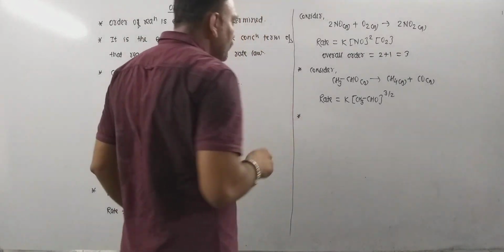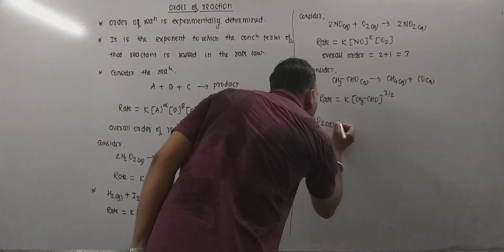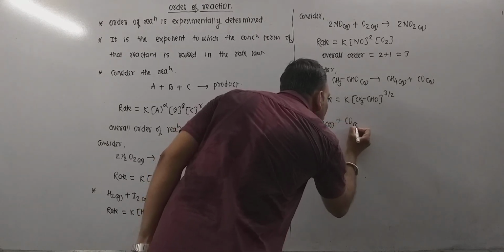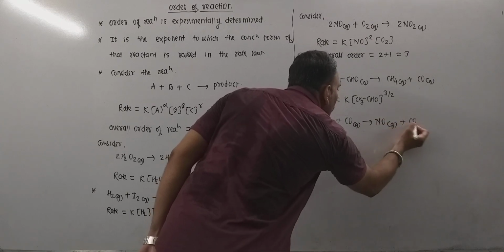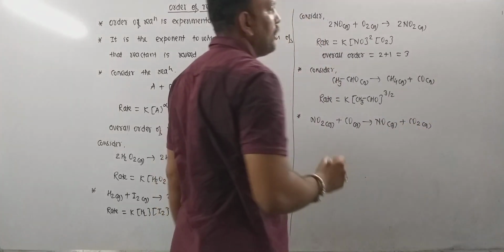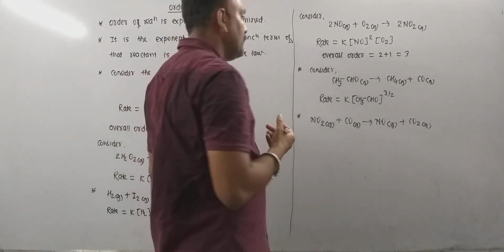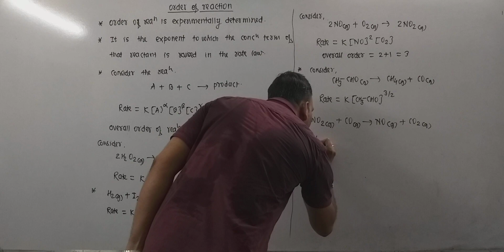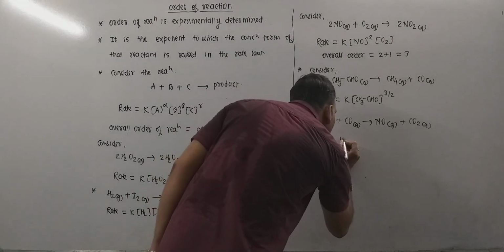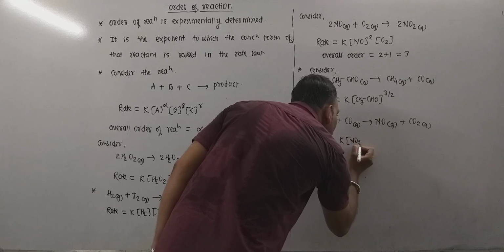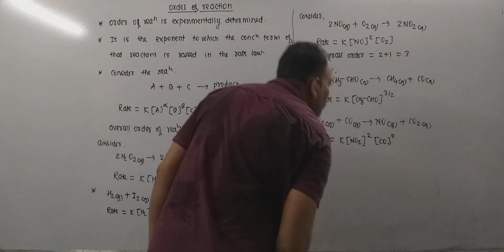Right now, consider another example: NO2 gas plus CO gas gives NO gas plus CO2 gas. After experimental determination, the rate law is rate equals K into concentration of NO2 to the power 2 into concentration of CO to the power 0.